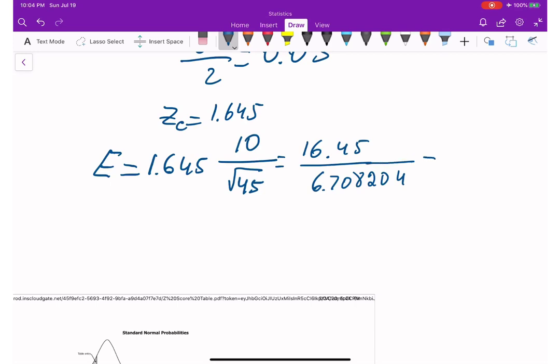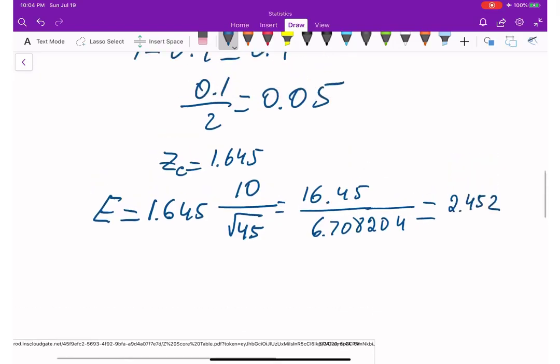Once I divide 16.45 by 6.708204, I'm getting 2.452.